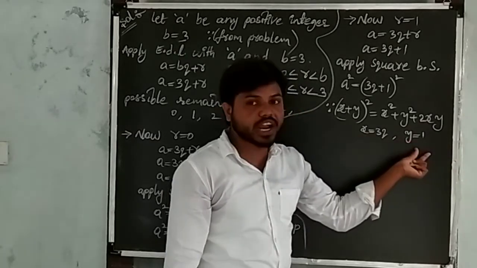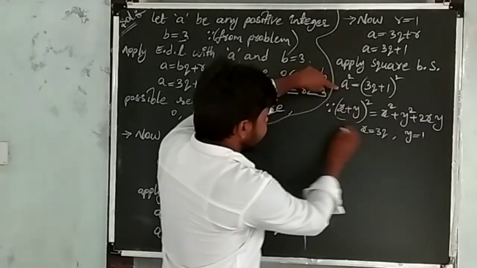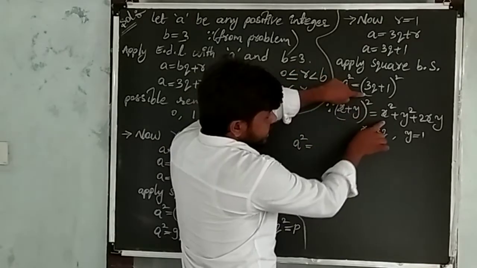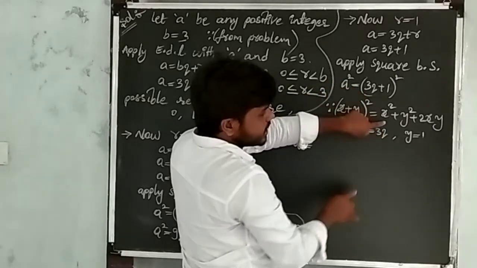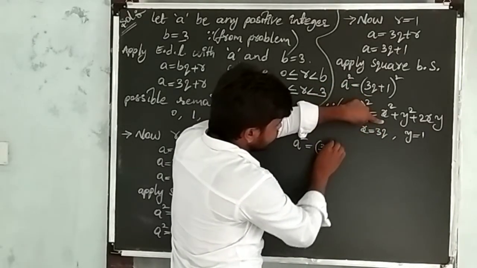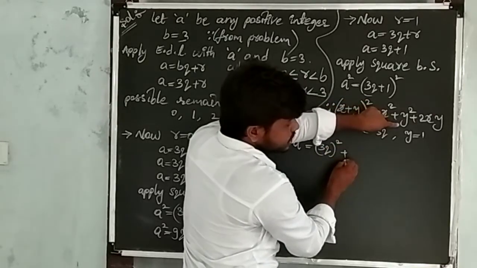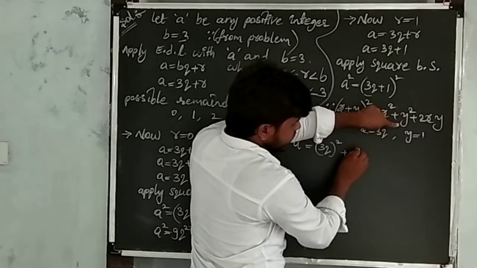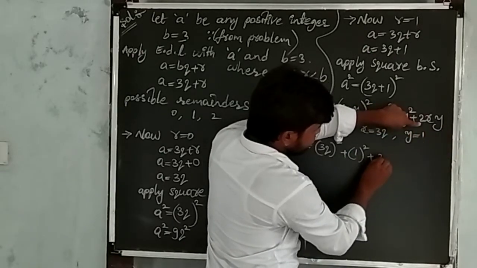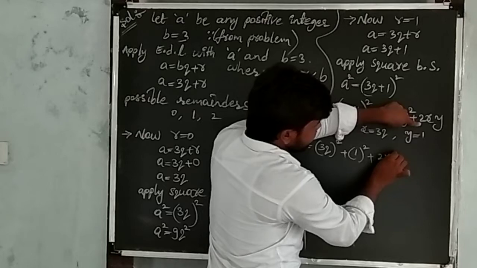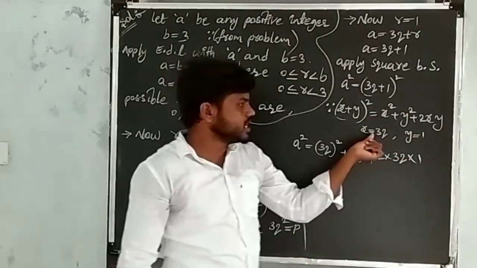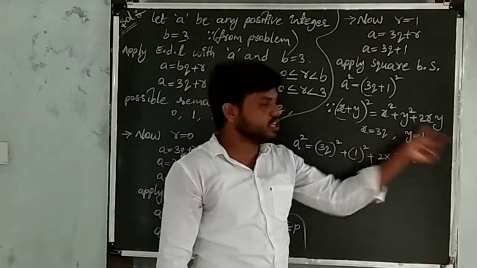A square is equal to x square, x is 3q, so 3q whole square, plus y square, y is 1, so 1 square, plus 2xy, which is 2 into 3q into 1. See, I substituted these x and y values in the formula.